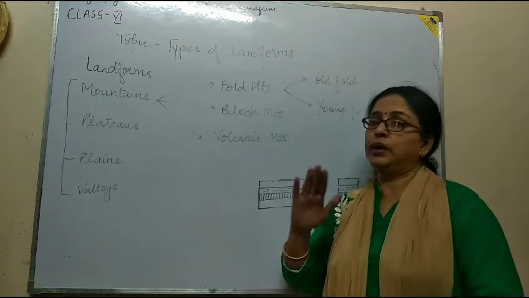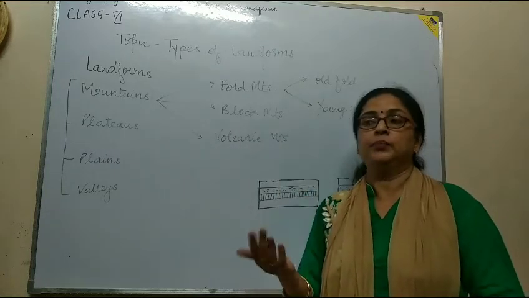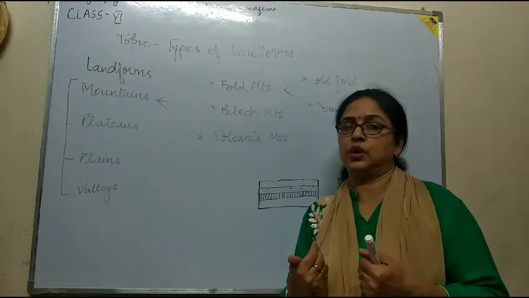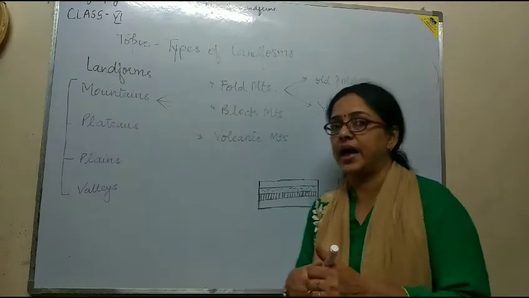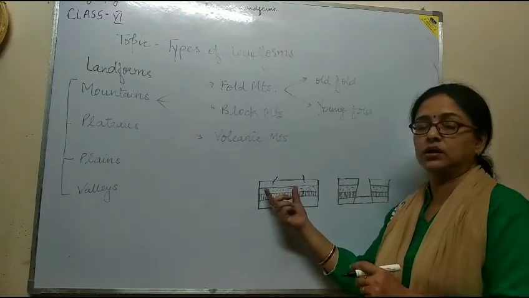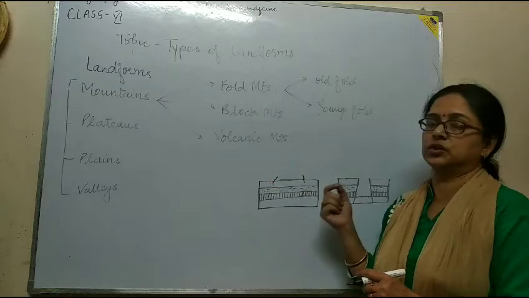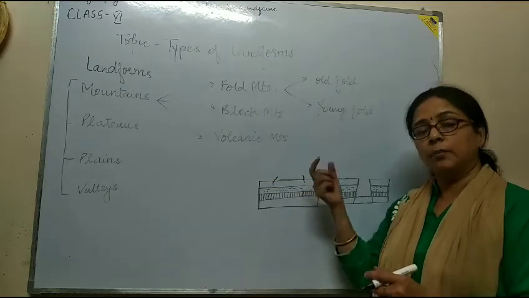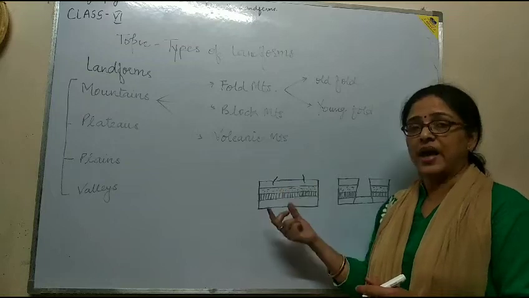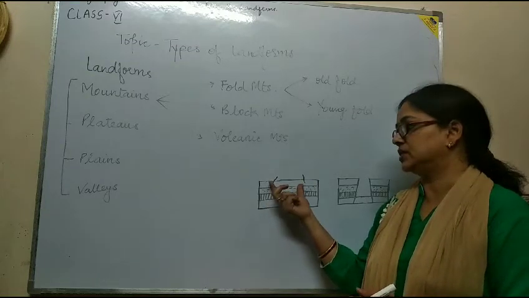Faulting may be caused by the tension or compression on the earth's crust, which results in cracks on the rock strata. Because of these cracks, faulting takes place.